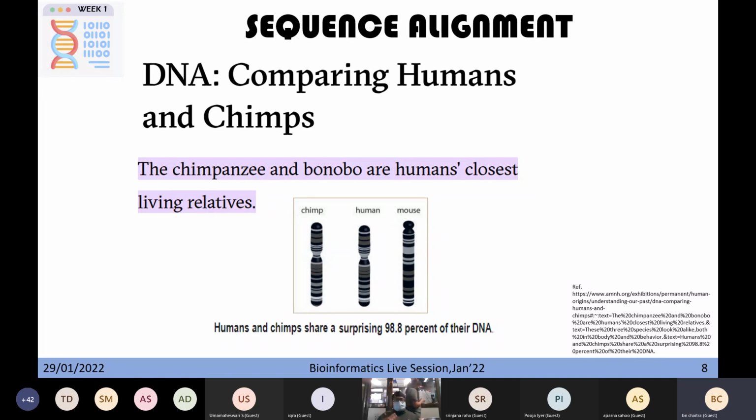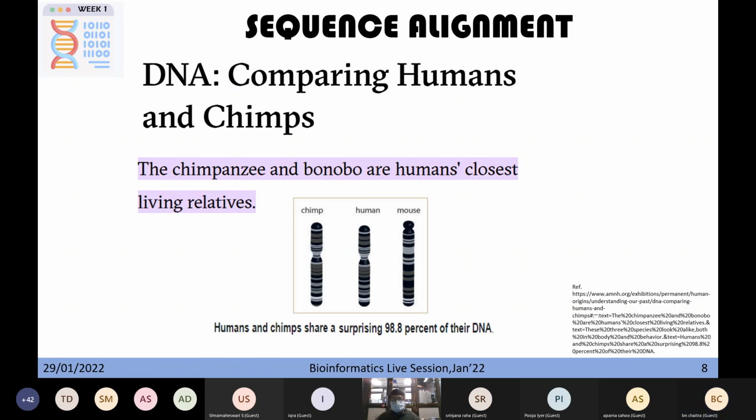Is it the same? How much is the same? How much is it different? For instance, if we compare human and chimpanzee DNA sequences, we can see that we share around 98.8% of our DNA sequences.